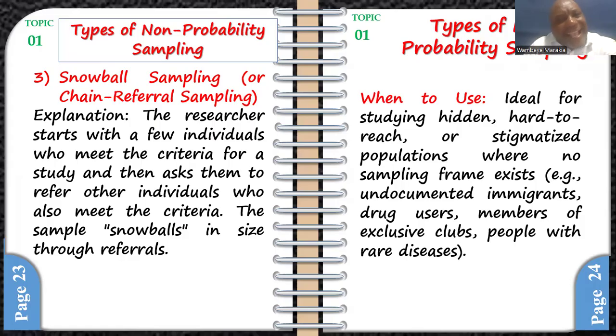When do we use this kind of non-probability sampling? It is ideal for studying hidden, hard-to-reach, or stigmatized populations where no sampling frame exists. We can have undocumented immigrants, drug users, members of an exclusive club, or people with a rare disease. We use snowball sampling to reach them.